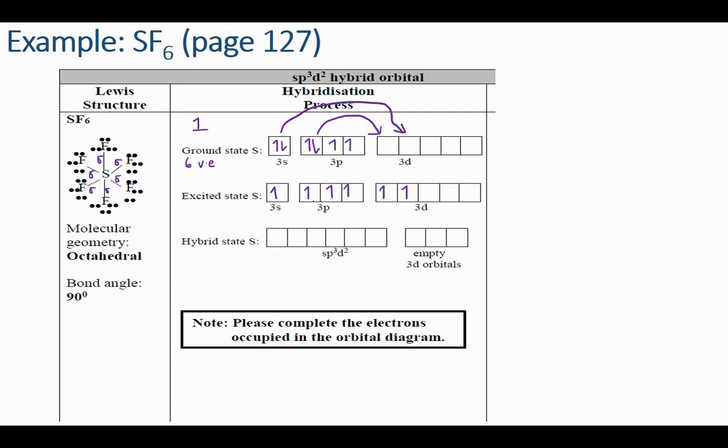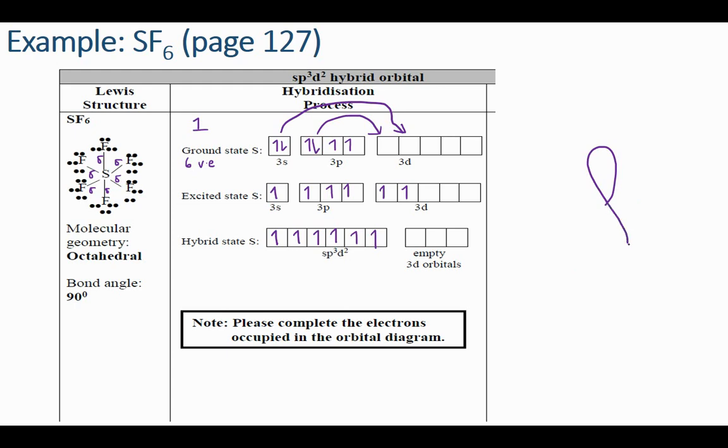So from here, kita akan hybridkan semua orbital. So it involve 1s orbital, 3p orbital and 2d orbitals. So dapatlah sp3d2. Okay. So to draw this, okay, first kita lukis dulu bentuk octahedral. Okay, orbital yang berbentuk octahedral.